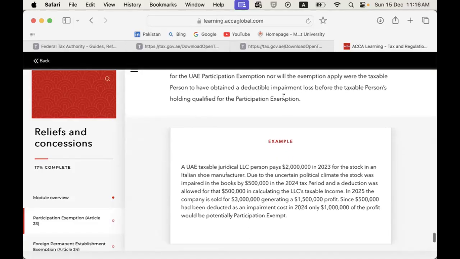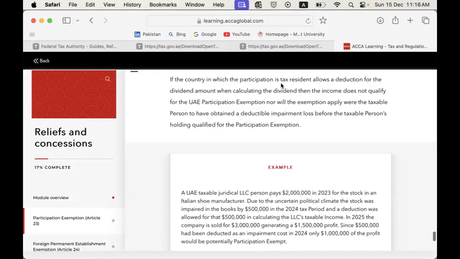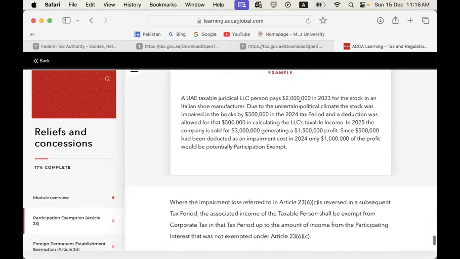If the country in which the participation is tax resident allows it, this we discussed. Example, this also we have discussed. A UAE taxable juridical LLC pays $2 million in 2023 for the stock in an Italian shoe manufacturer. So this is the investment, $2 million. Due to the uncertain political climate, the stock was impaired in the books by 500,000 in the 2024 tax period, and a deduction was allowed for that 500,000 in calculating the LLC's taxable income.